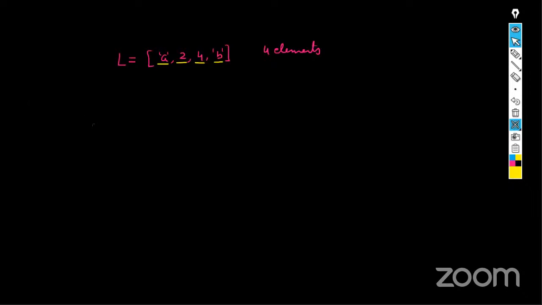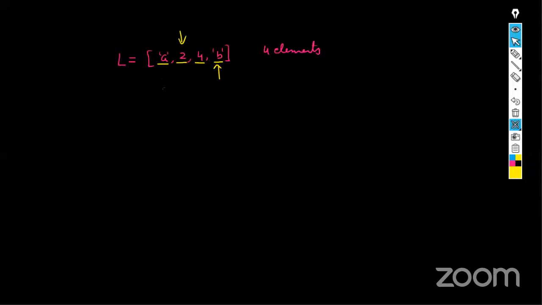Now guys, see this arrangement. Let's say I want to print the second element of the list, or maybe I want to extract this element value from the list. How can I do it? In order to access an element stored inside the list, we first have to understand how those elements get stored inside the list.